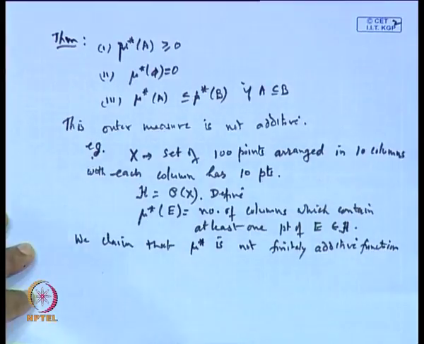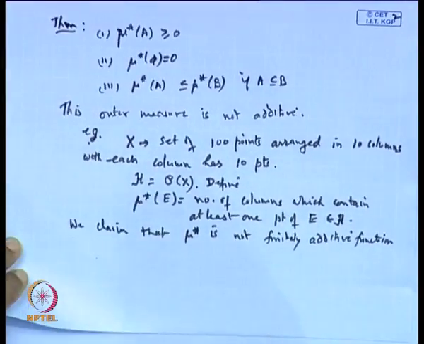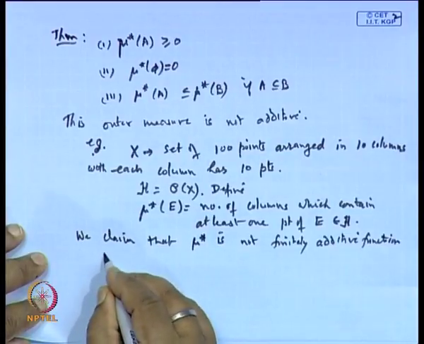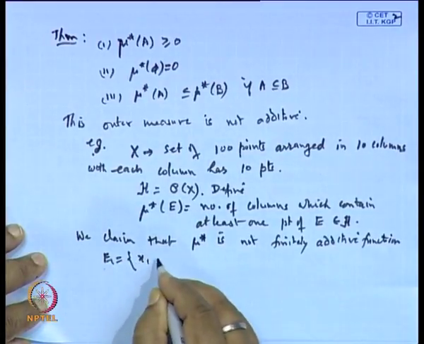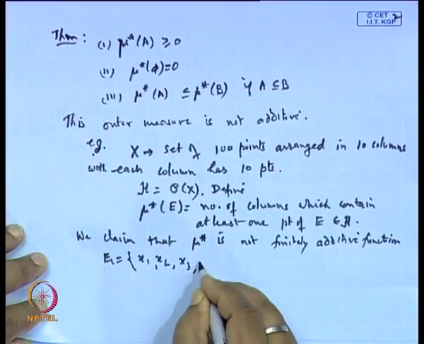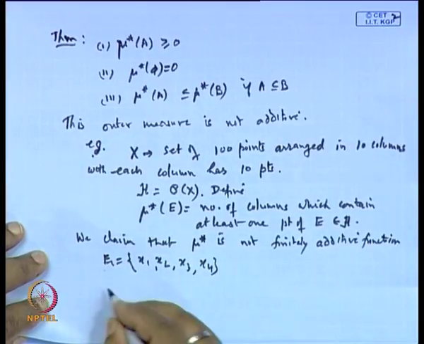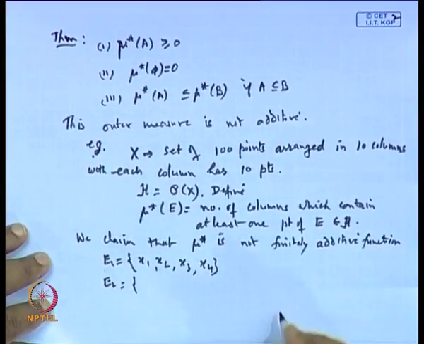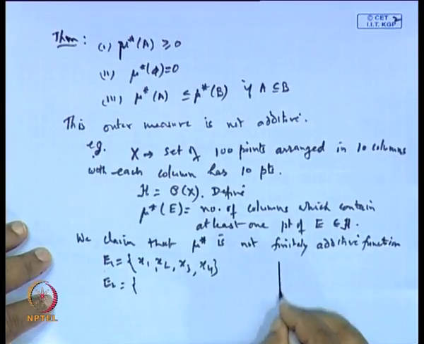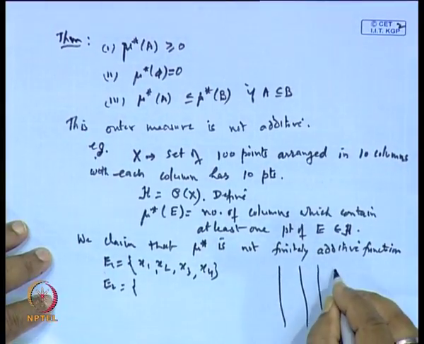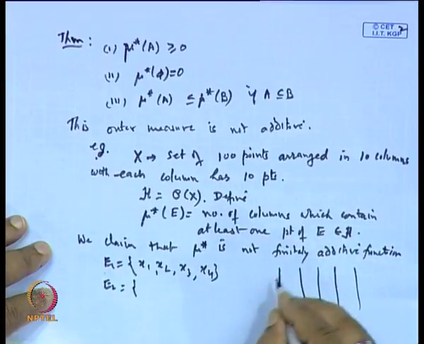because if we choose two sets E1 and E2, let E1 be x1, x2, x3, x4, and E2, suppose these are the 10 columns. Okay.